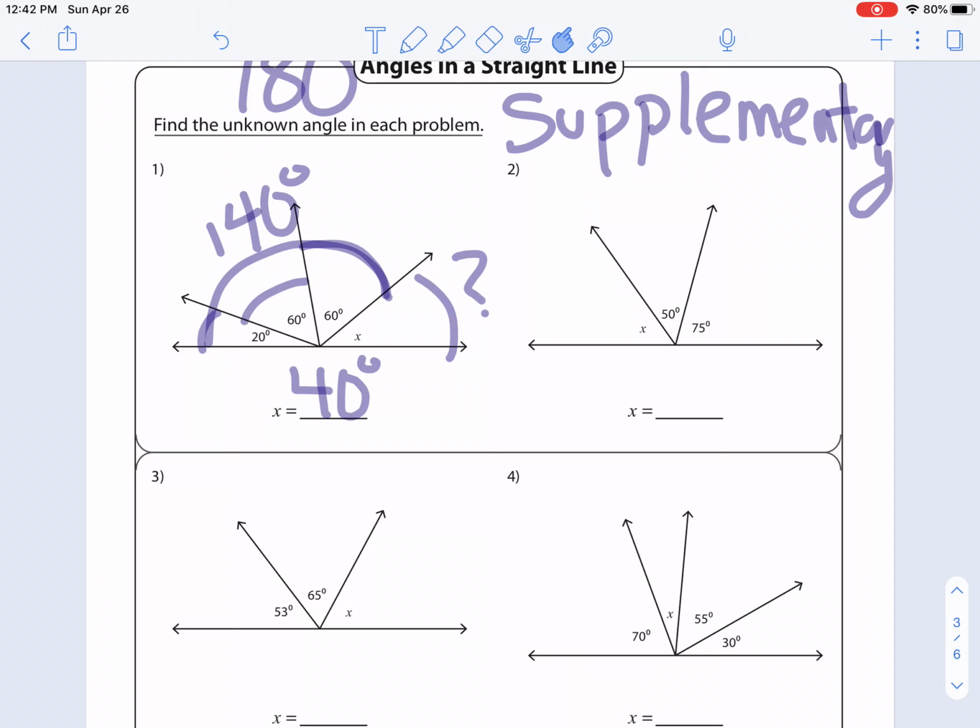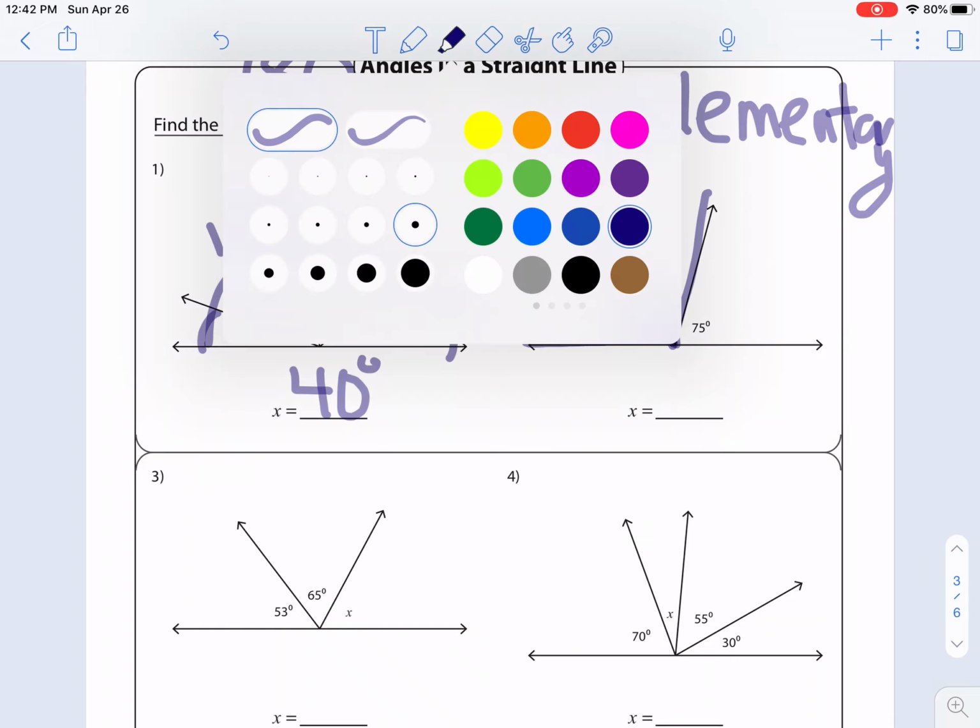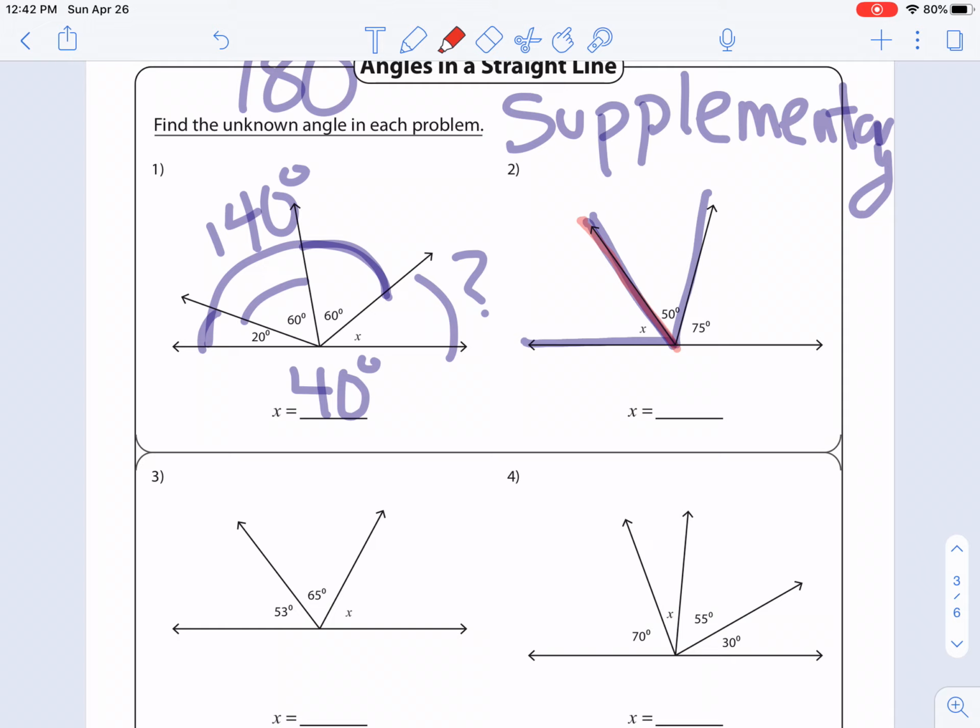So in number 2 here, angle X is next to angle 50. They are touching each other. They share this vertex in the middle. They share this ray in the middle, and they're called adjacent. They are next to each other.